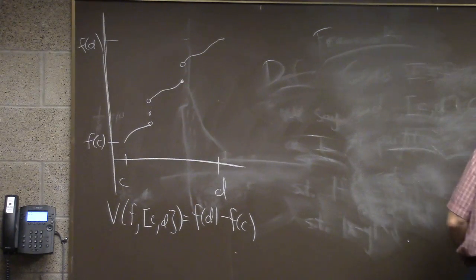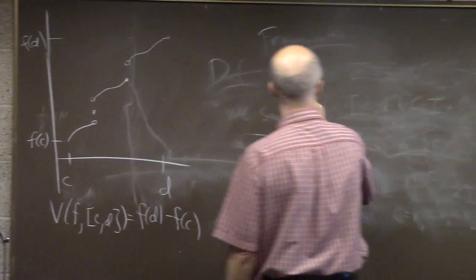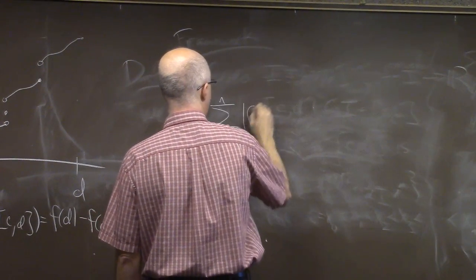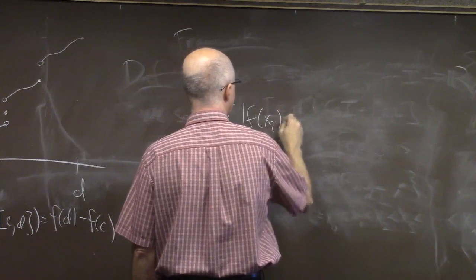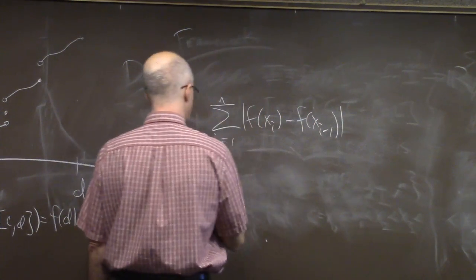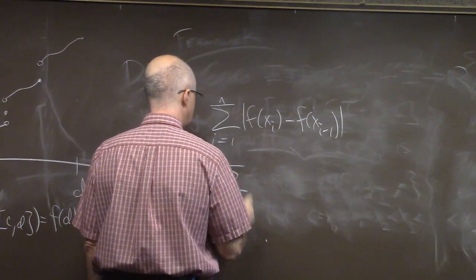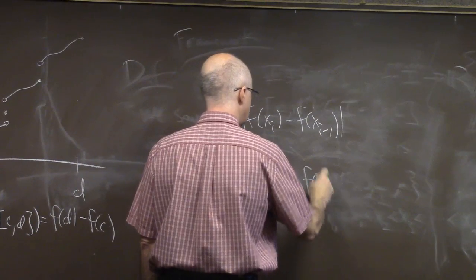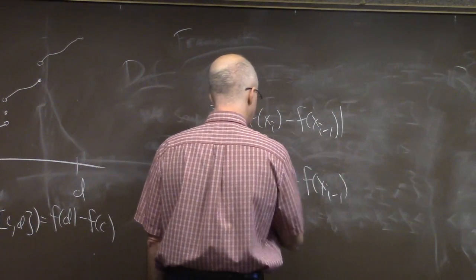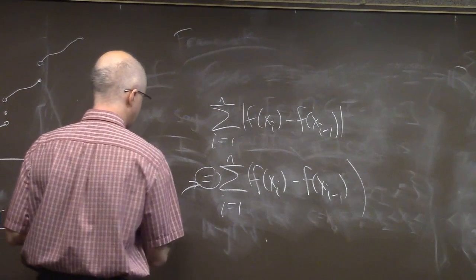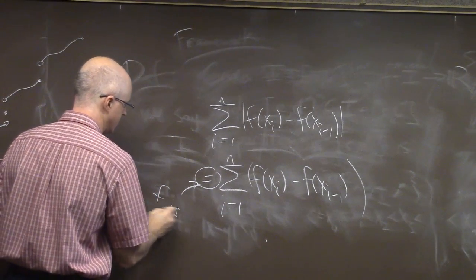First of all, because I've made it monotone increasing, I can just get rid of the absolute value signs. So that's because f, in my picture here, I'm assuming f is monotone increasing.